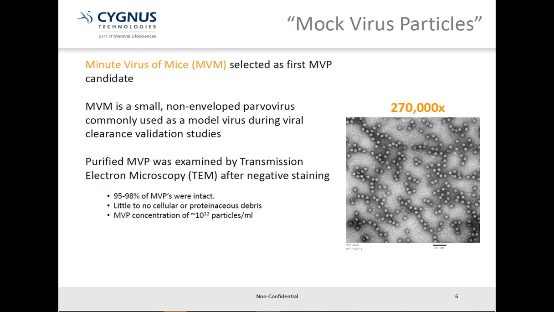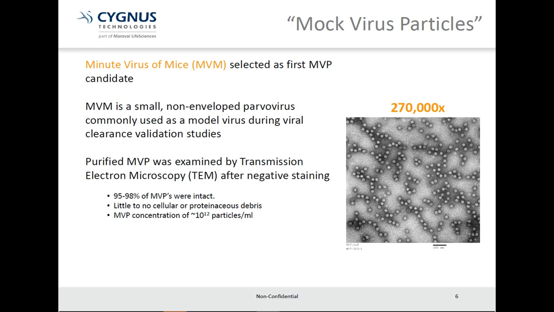That's a TEM image of the particles that we can produce. As you can see, this is a very nicely purified prep. The concentration of these particles typically is in excess of 10 to the 12 particles per mL. So it's a highly pure, highly concentrated stock of these particles, which we hope will mimic MVM.